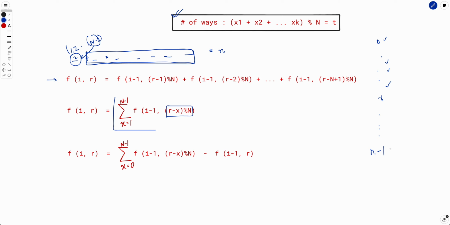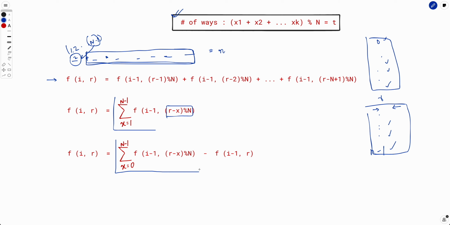Now if I subtract r plus 1, I will get this number, r plus 2, r plus 3, and finally if I subtract n minus 1, I will get this number. So what is the value? The value is the summation of everything except r, right? So that's what we have done. The value is now the summation of everything from 0 to n minus 1 except the current value of r, right?